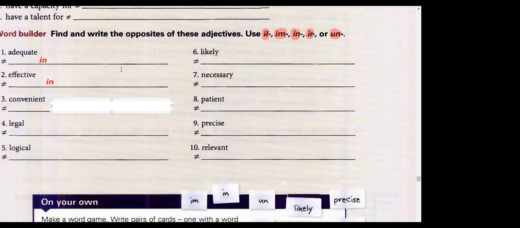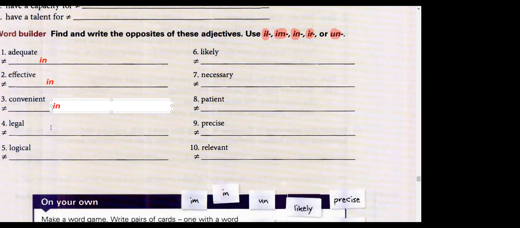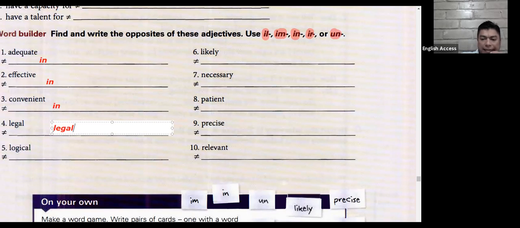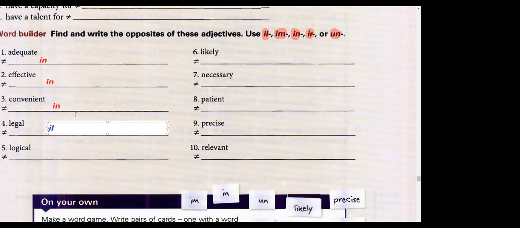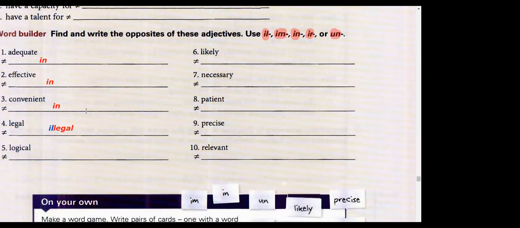Convenient. In or on? In. Number 4. Illegal. It's with double L, right? The word is legal, and the prefix to make it the opposite is ill. Illegal. Yes.